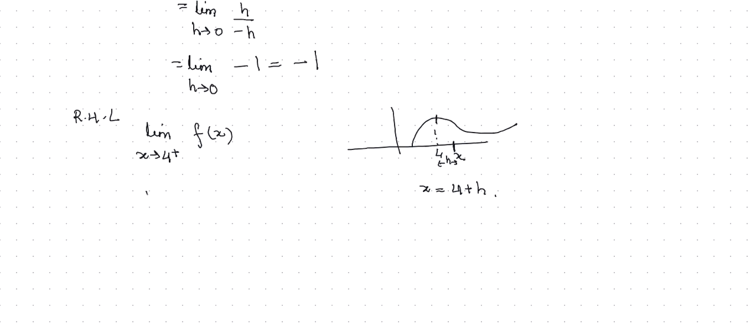So we can put this as the limit as h tends to 0 of f(4 plus h), and this is equal to the limit as h tends to 0 of the absolute value of 4 plus h minus 4, over 4 plus h minus 4.